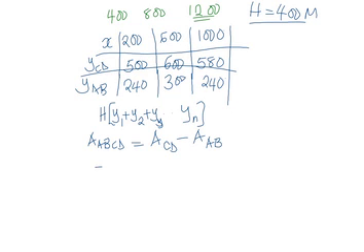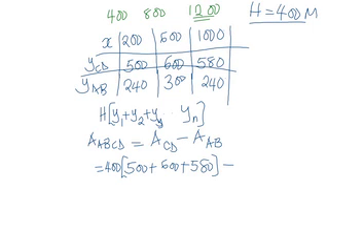So the area under the curve CD using the mid ordinate rule will be 400 multiplied by y1, which is 500, plus 600 plus 580. Then we minus the area under the curve AB.